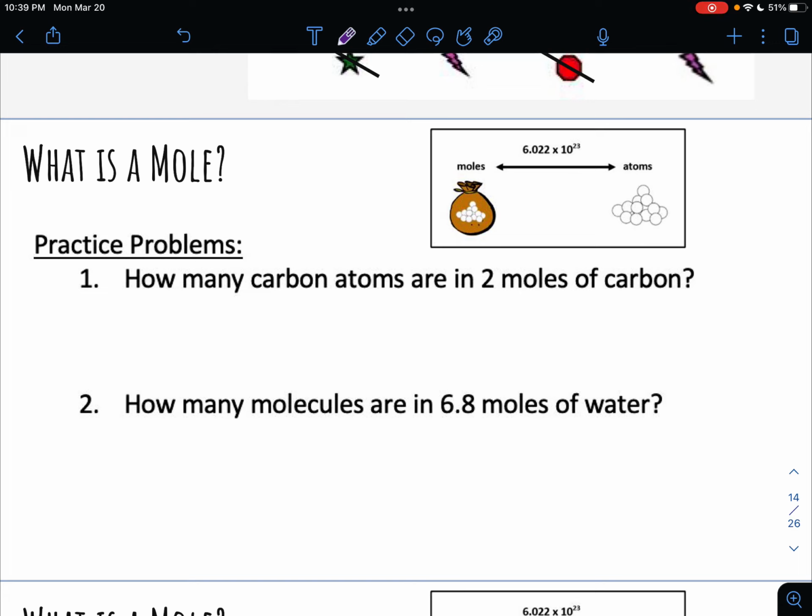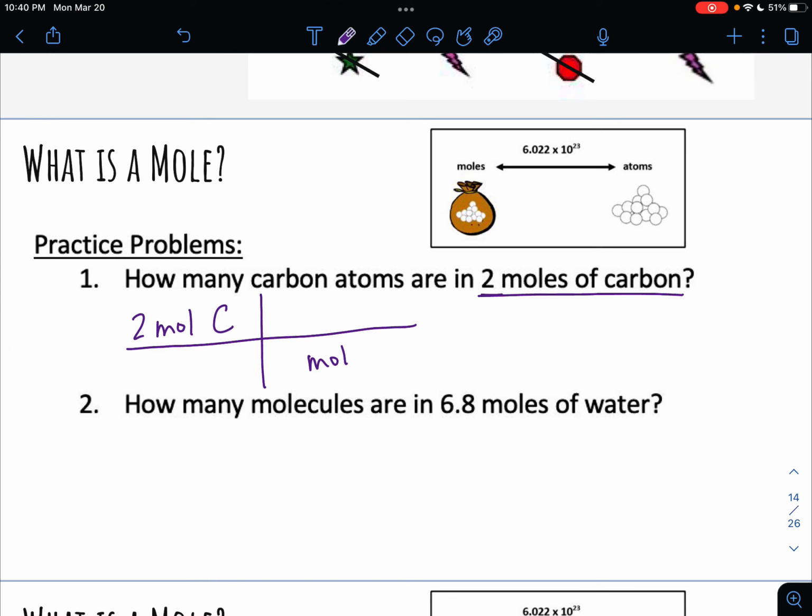So remember, anytime we're doing these calculations, we always start with what we're given. So what are we given? We're told that we have 2 moles of carbon. So I'm going to start out with 2 moles, and I'm just going to abbreviate carbon with a symbol. Okay, and then remember, we start with our train tracks. If I have moles on the top, I want to make sure we put moles on the bottom.